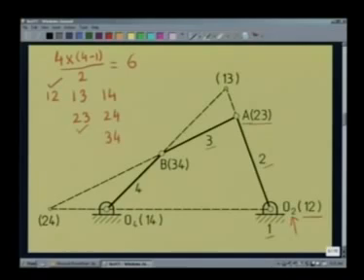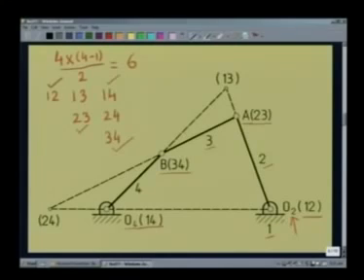Following the same argument, we get 3,4 at B and 1,4 at O4. So out of the total 6 relative instantaneous centers, 4 of these are located just by inspection.